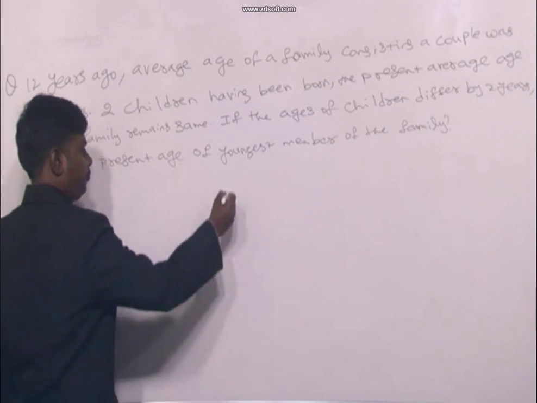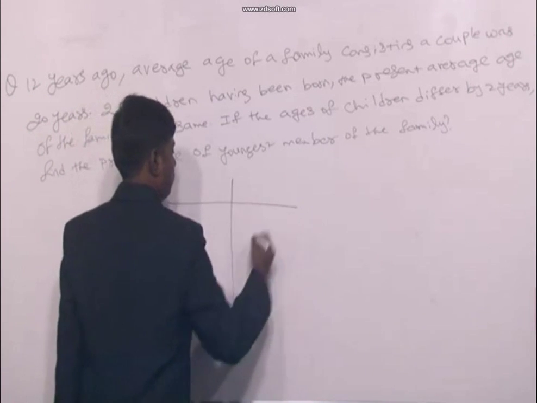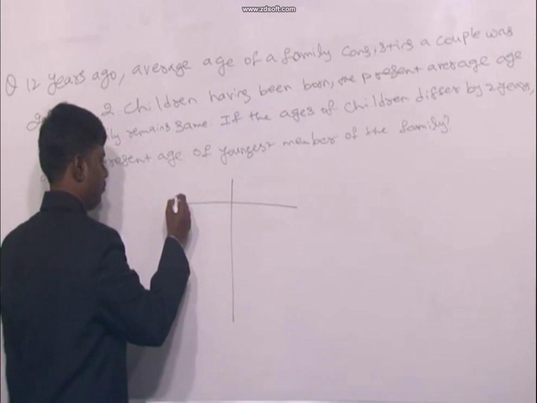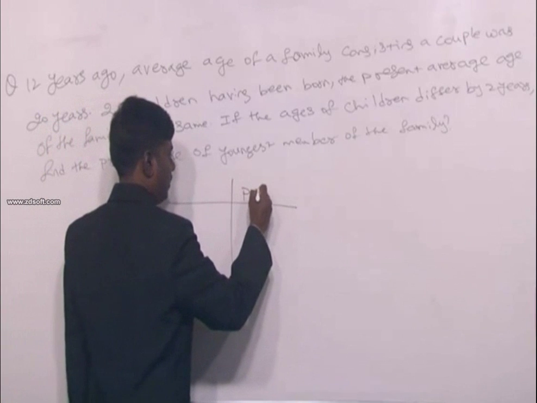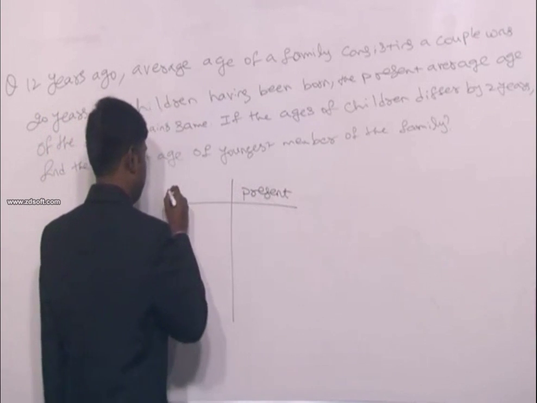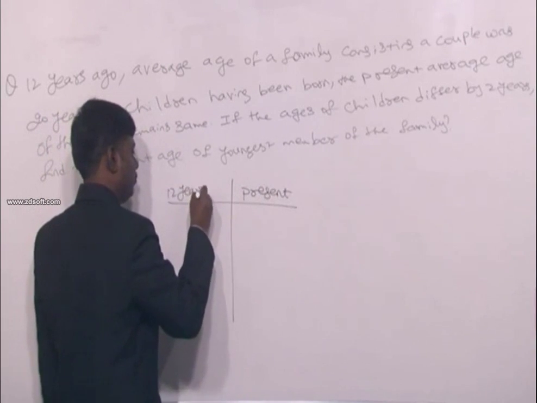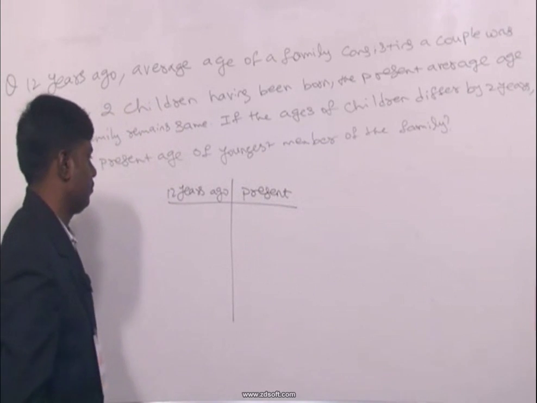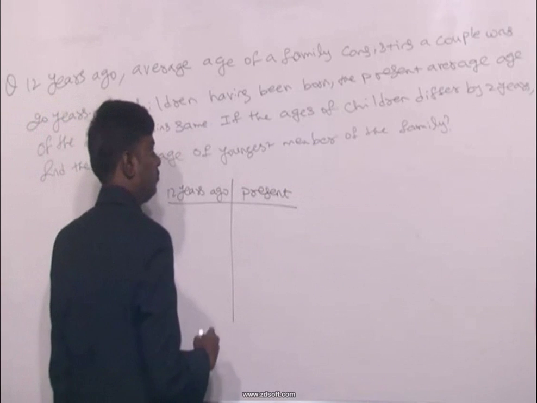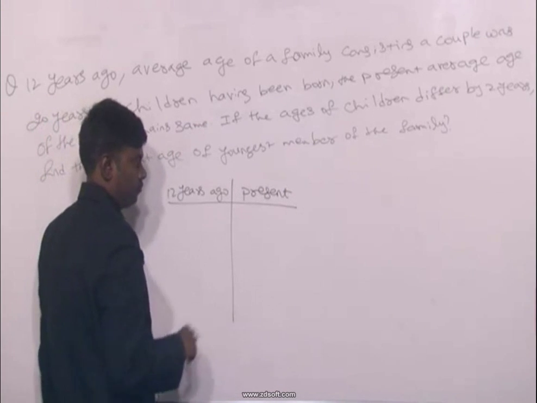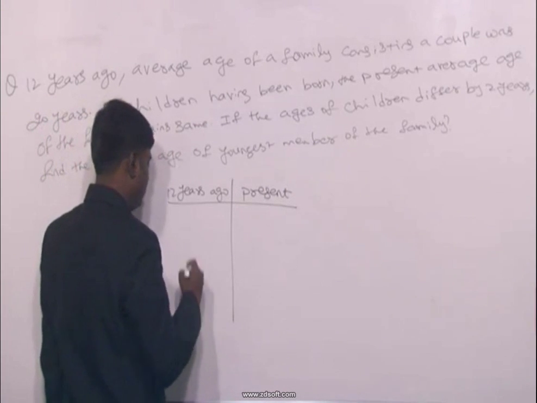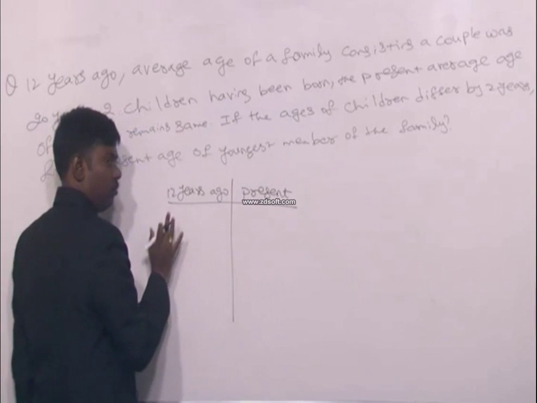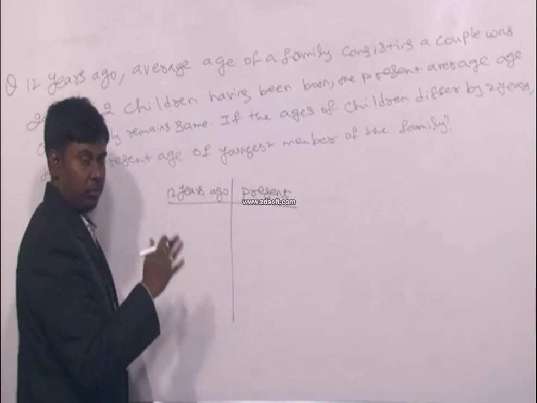Okay. Present, 12 years ago. Now if we consider present, there are 4 people. 12 years ago, just a couple, 2 people.